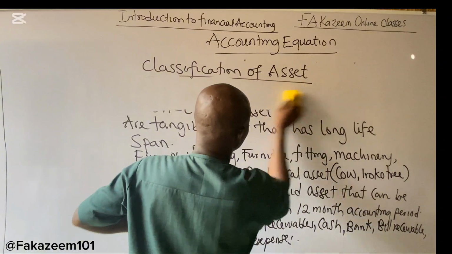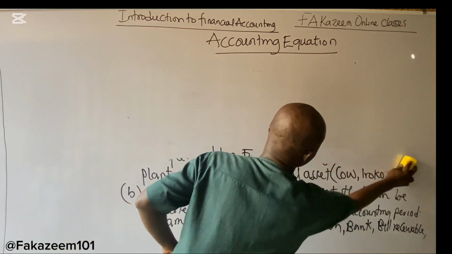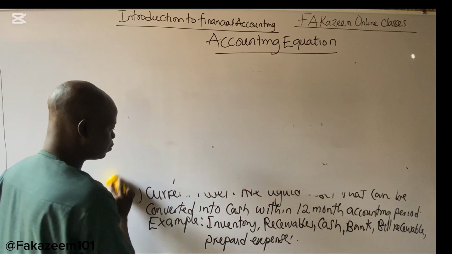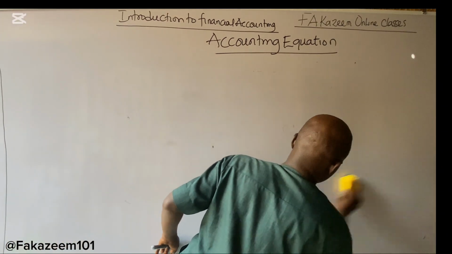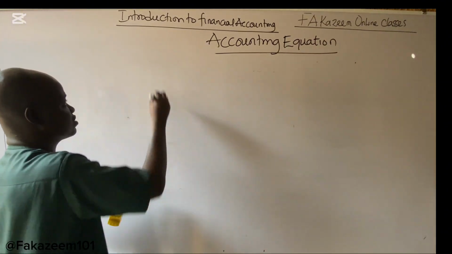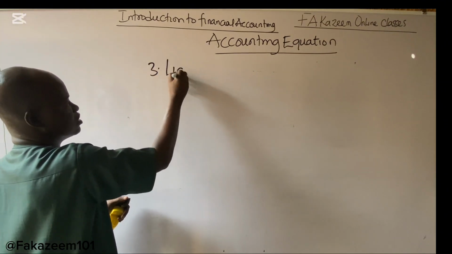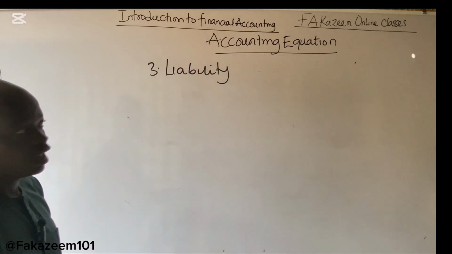Now, the next terminology we are going to be looking at is called liability. The third one is called liability. And the next thing we want to ask is this: what is liability?